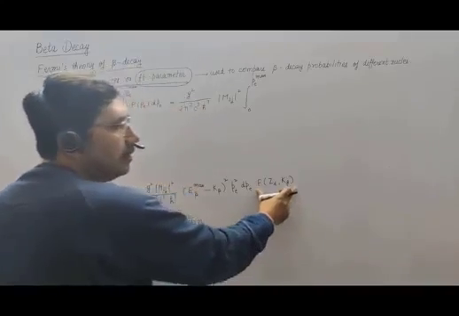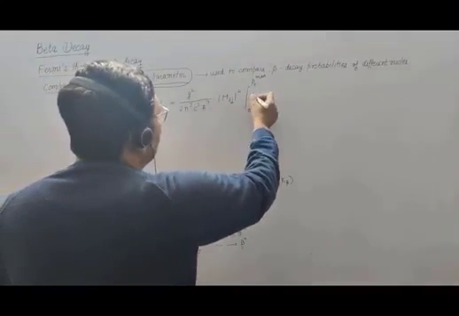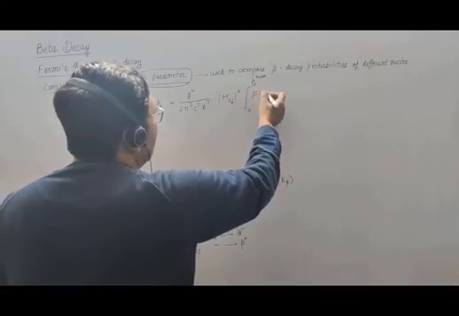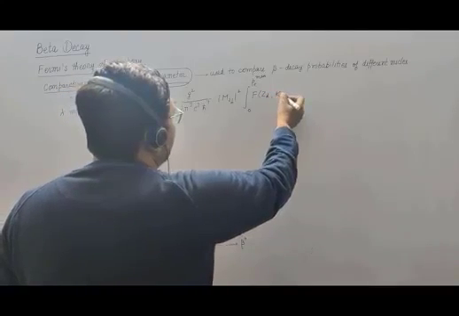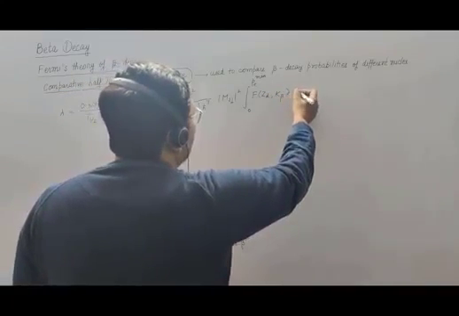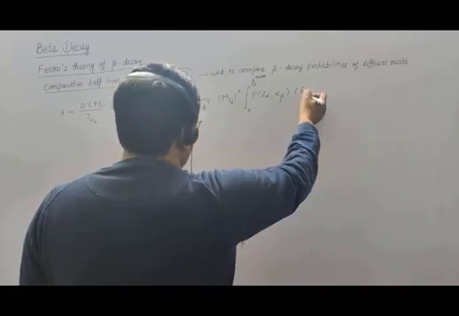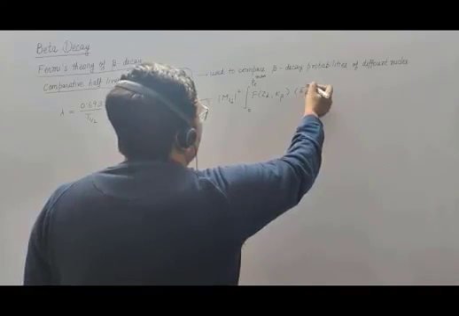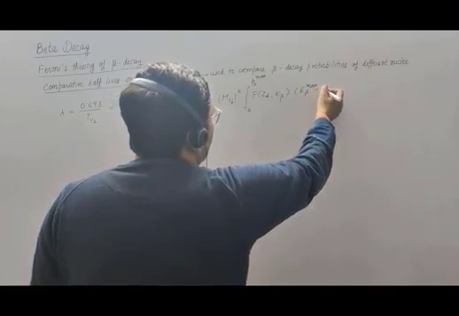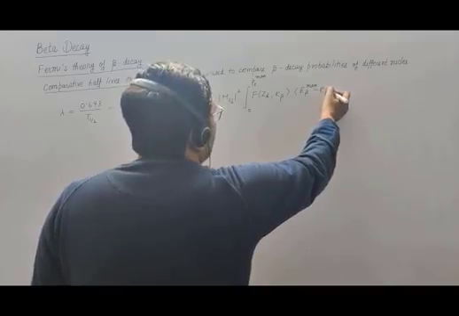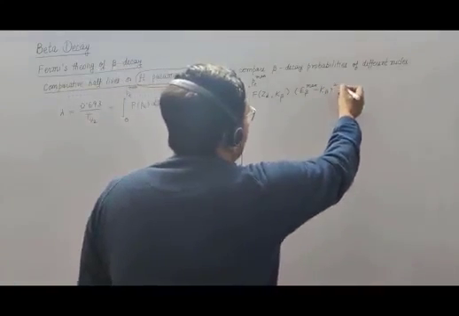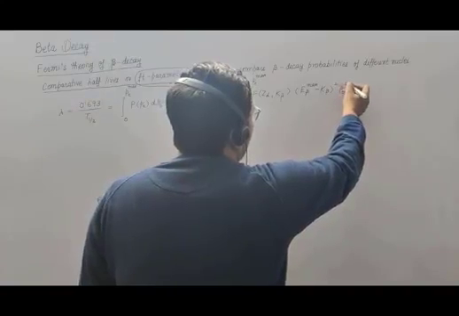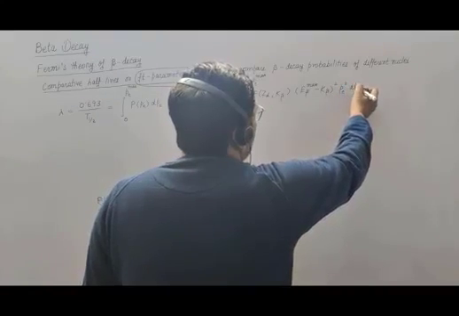I am writing the correction factor first: F(Z_D, K_beta), and here E beta maximum minus K beta, squared. This will be P_e square dP_e.